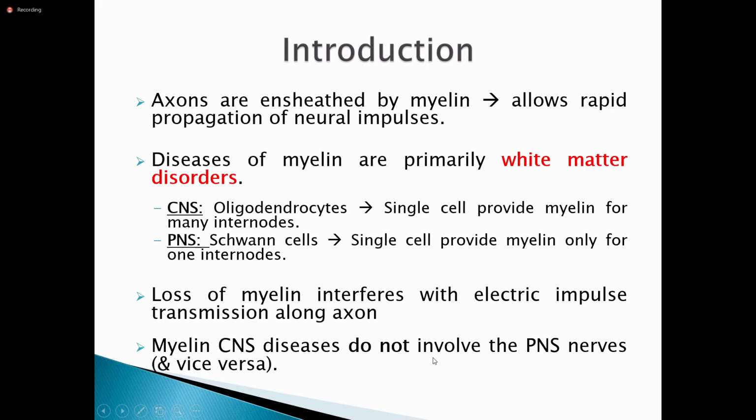Myelin CNS disease does not involve the PNS nerves and vice versa, because the target cells are different: oligodendrocytes and Schwann cells. So diseases targeting Schwann cells differ from diseases targeting oligodendrocytes. That is why you get either peripheral nerve demyelination or central nerve demyelination, not both affected by the same disease.